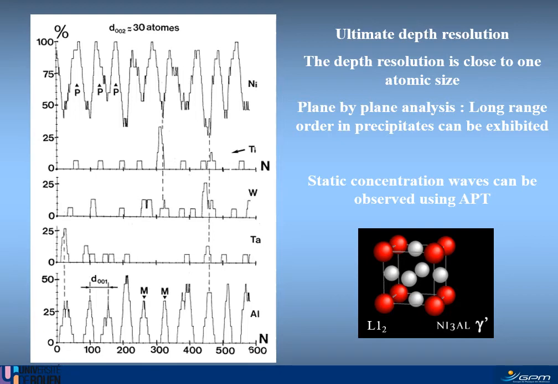Okay, and this is also the case of titanium. Titanium is preferentially located in the aluminum enriched planes, suggesting that titanium substitutes for aluminum in this L12 Ni3Al ordered structure.